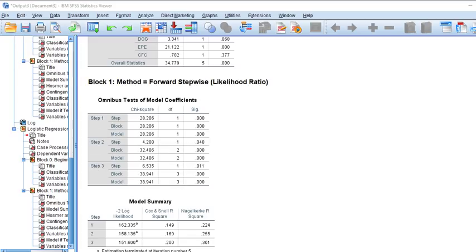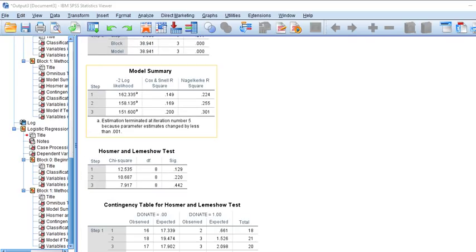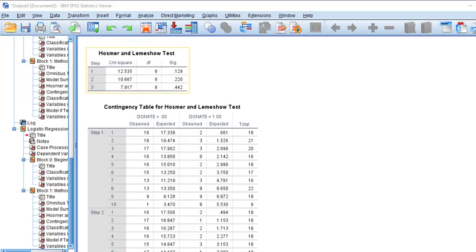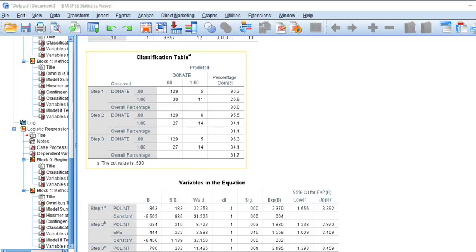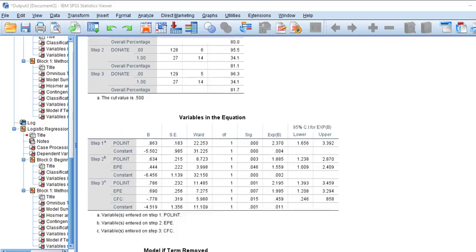If we scroll down, you'll see we get the pseudo R-square values for each of the 3 models, Hosmer-Lemeshow tests for each of those as well, and the classification tables for each of those. You can see that by running this sort of stepping process, we don't really benefit a whole heck of a lot when it comes to looking at the classification results.